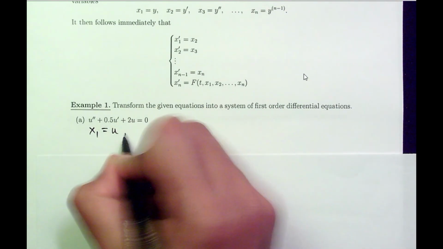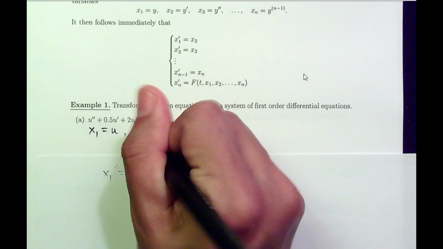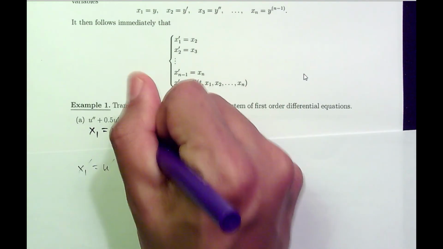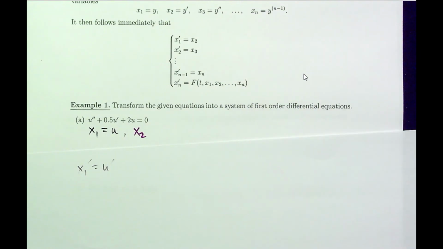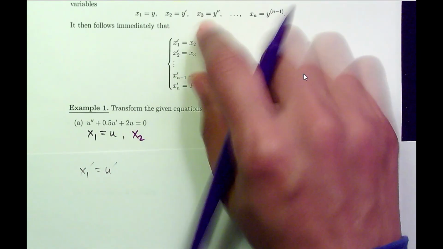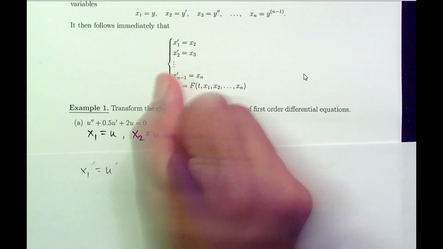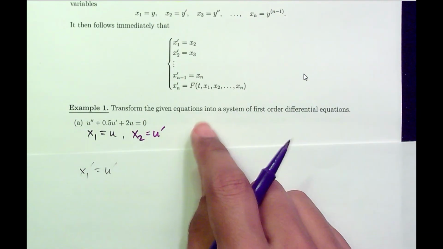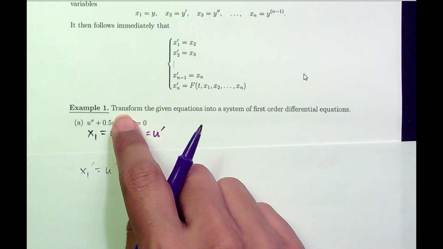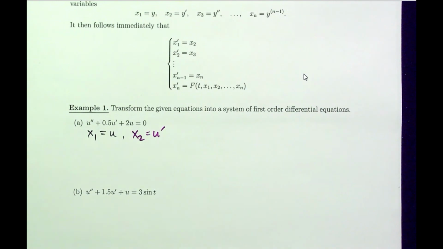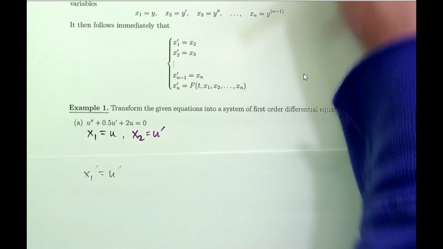The next introduction that we have to make is x2, the derivative of u. And we only have a differential equation of order 2, so really, that's the end of the introduction of the variables. So these are my two dependent variables, x1 and x2.